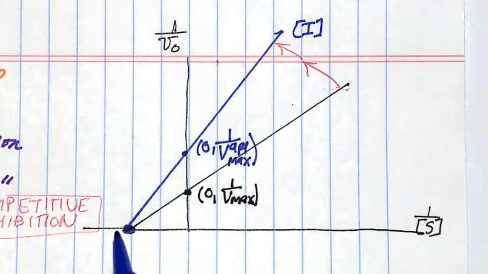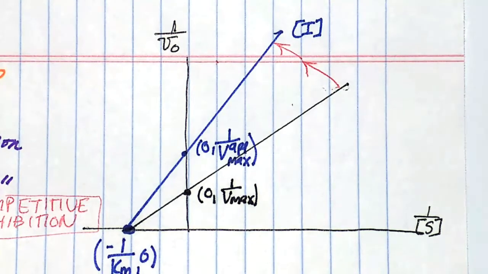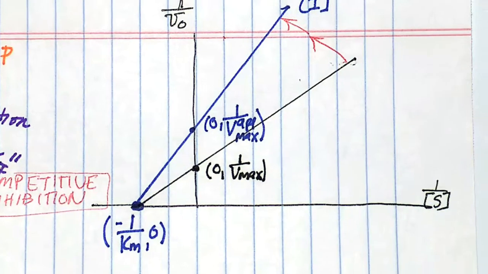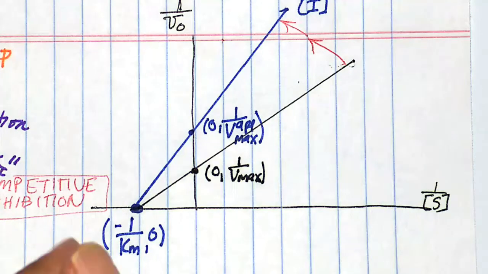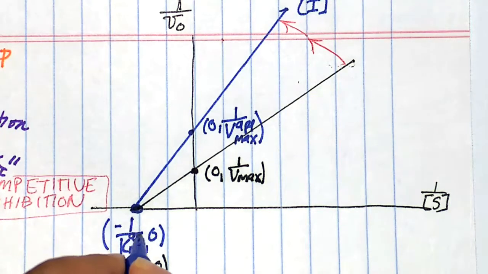But if the dissociation constants are the same, then this coordinate will be minus 1 over K sub m, 0, and it will also be minus 1 over K sub m, 0, apparent K sub m for the situation with the inhibitor.